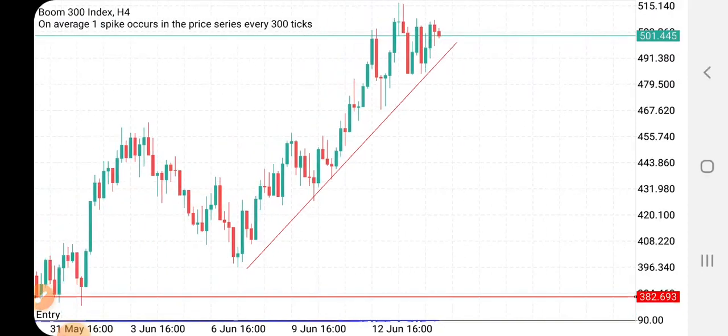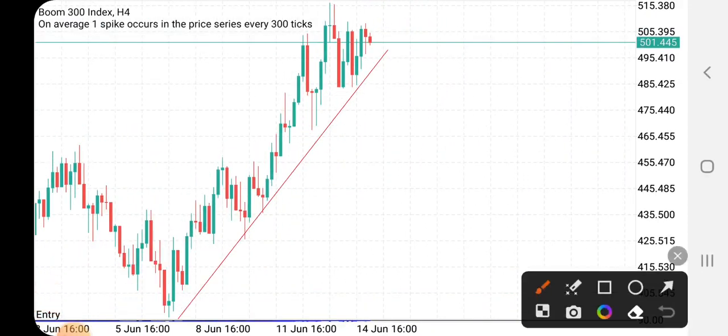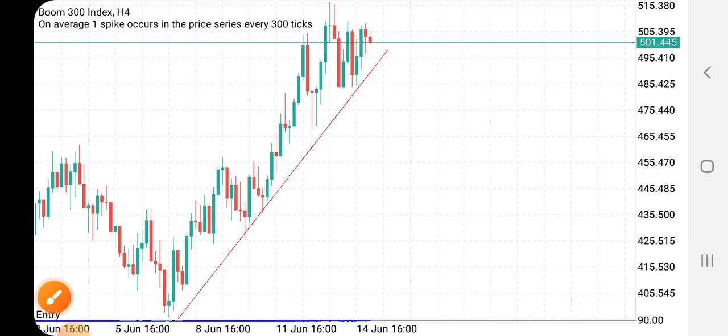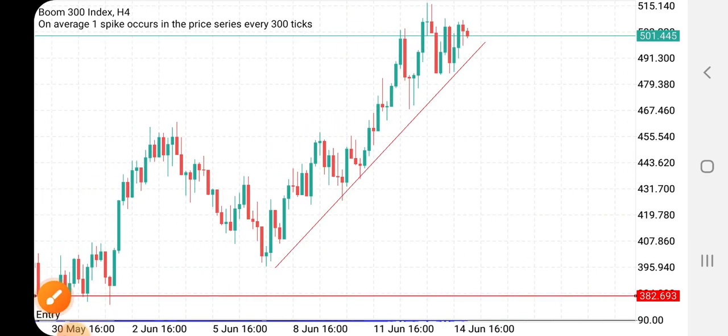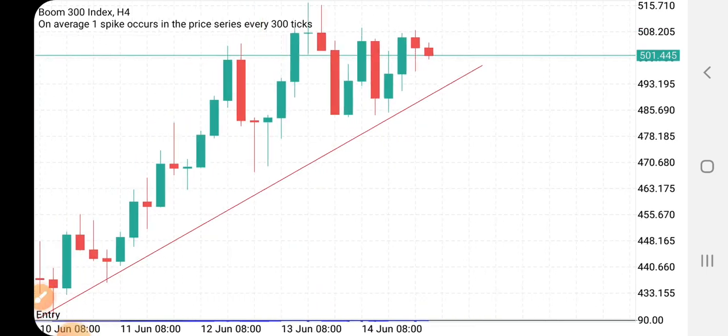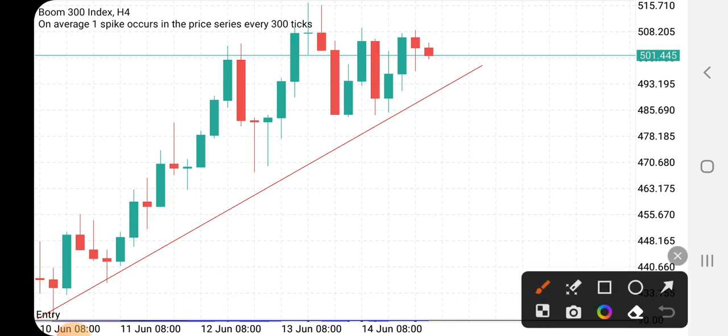That's exactly what I'm going to be focusing on. So you can see the trend line connecting all this to the upside. Now the current price on the 4 hours, you can see we have this particular candle, we have this, this, and this.